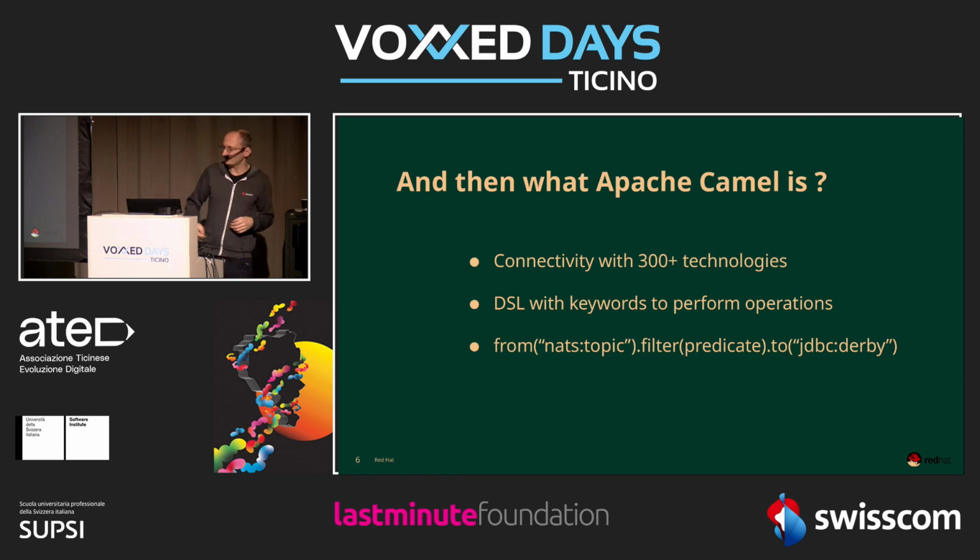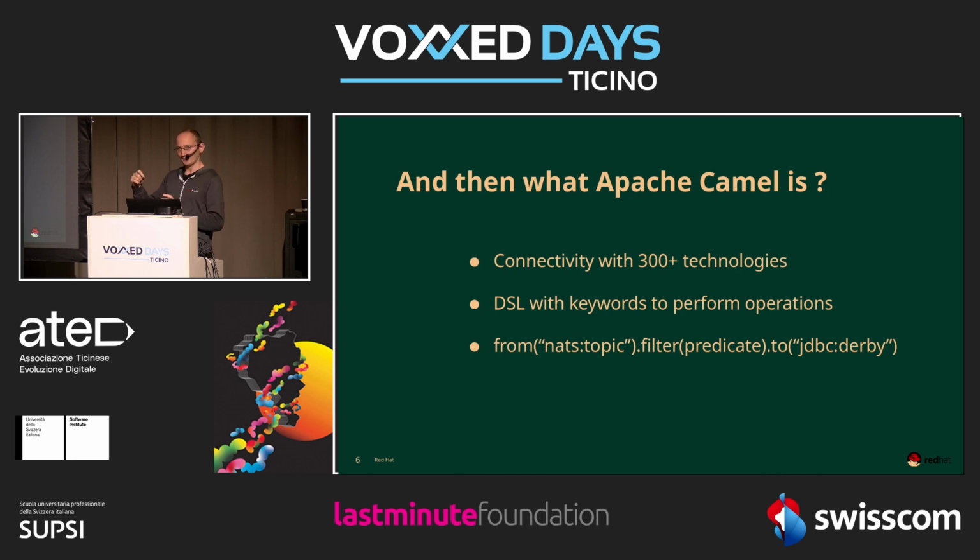You can best see that on the last line of this slide, where you have a typical Camel route. And the good news, it behaves as it reads. From that topic, we are consuming some messages from a NATS server on a given topic. Next step, filter.